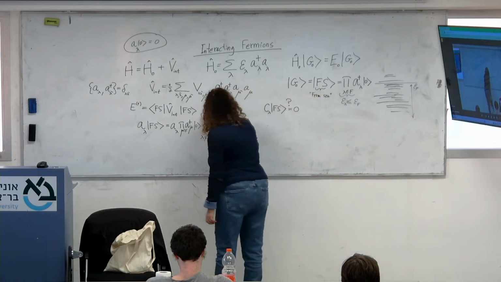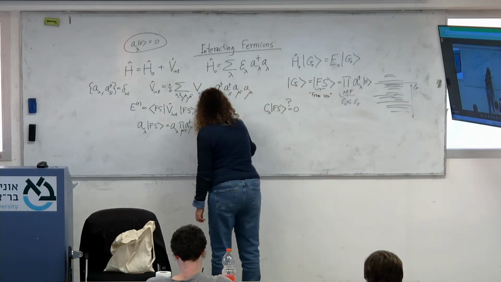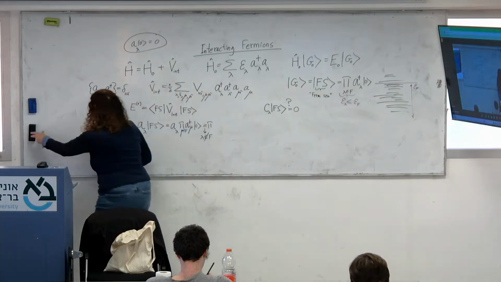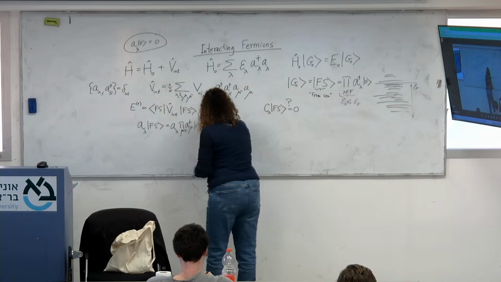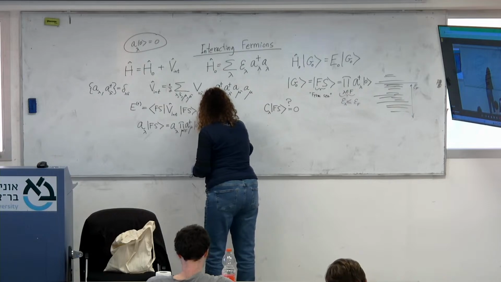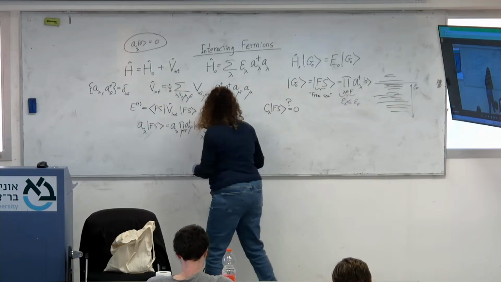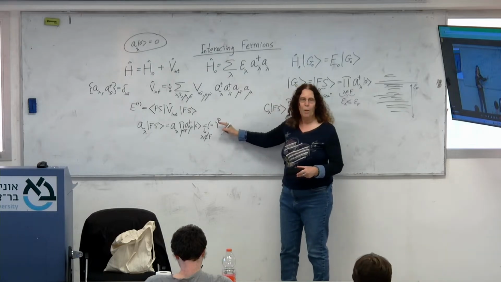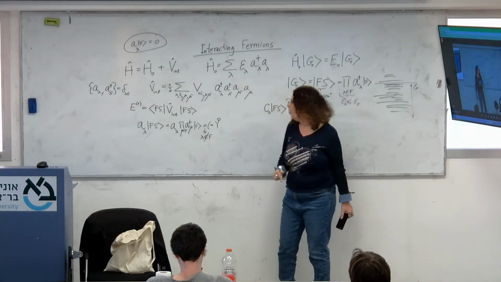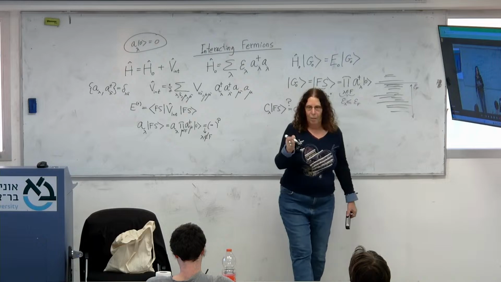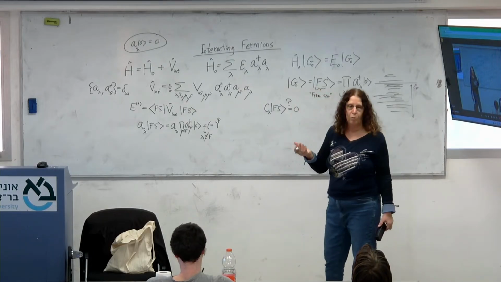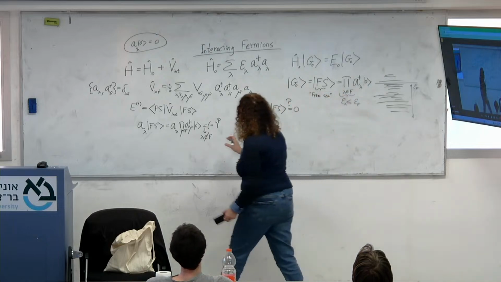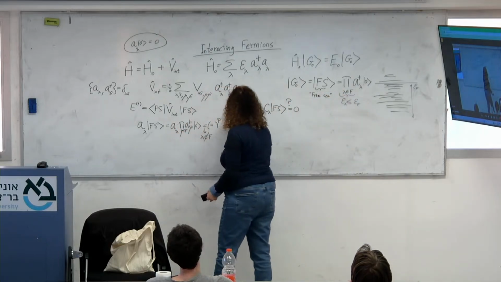So I'm going to get, let me write the factor first, a -1 to the power p, where p is the number of transpositions or the parity of the permutation that you needed to do to reshuffle it all the way to 0.